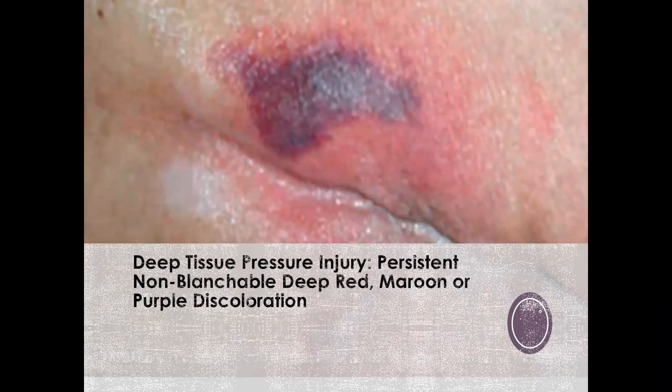But these deep tissue pressure injuries are often difficult to detect, especially in our darker skin patients. The true depth of the tissue damage is not readily apparent on the initial inspection. These injuries can progress rapidly, exposing deeper layers of tissue, even if treated quickly and appropriately.